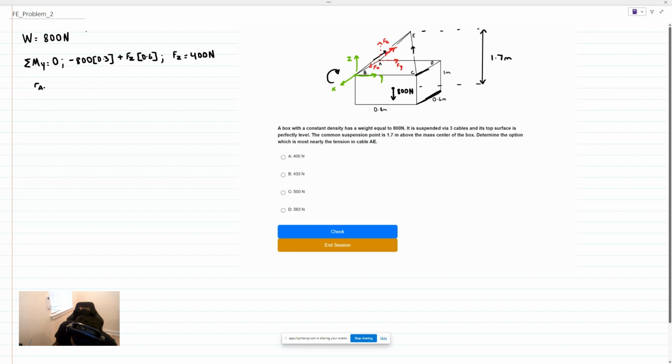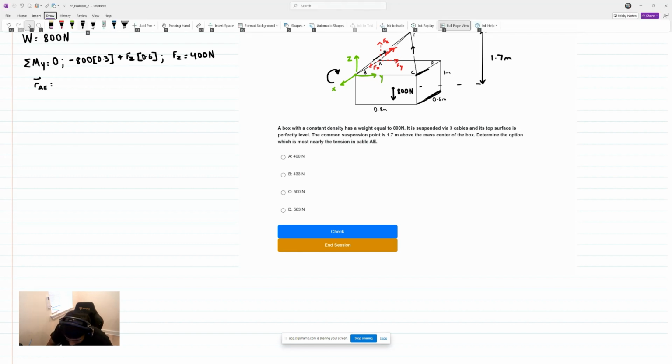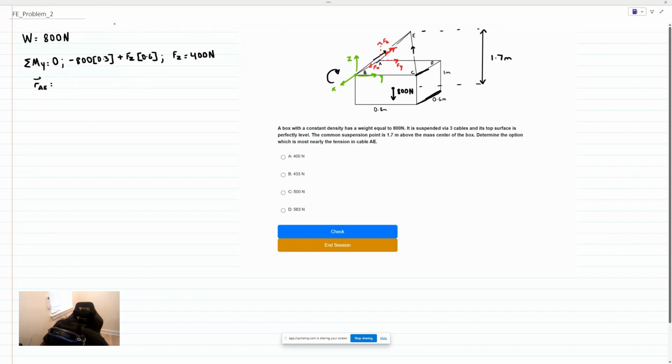That position vector AE can be described if we travel from point A to point E. So let's go ahead and draw out that path. We can travel along the X direction 0.3 meters, along the Y direction 0.4 meters, and along the Z direction to point E, that would be 1.7 minus half of this width.